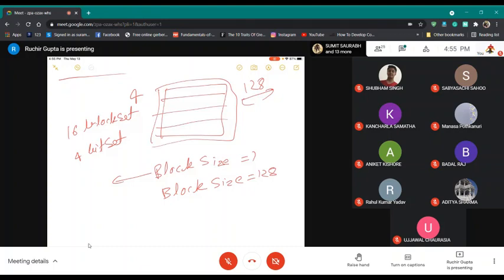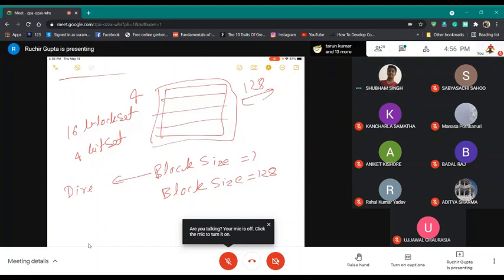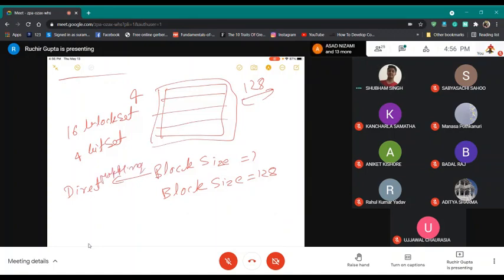Sir, direct mapping. It is direct mapping. And if it is 128, what will it be called? Associative mapping. So this way it will actually change.